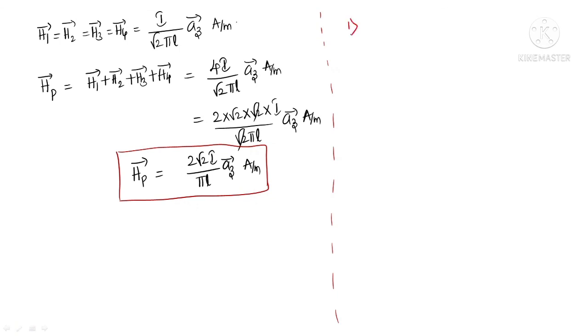First, we have evaluated due to a straight and finite current carrying conductor, and we got the expression for this as H bar is equal to I by 4 pi rho times cos alpha 2 minus cos alpha 1 AZ bar.